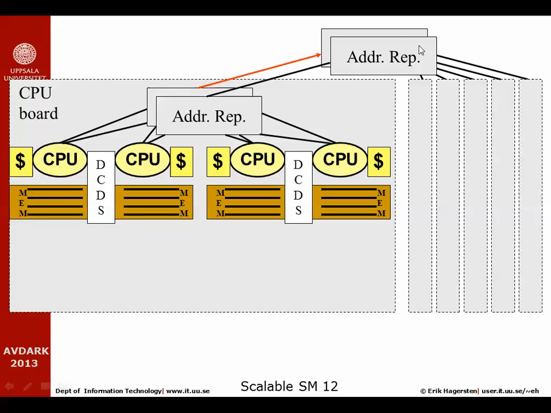Whenever the arbitration inside that address repeater decides that this is the point in time when officially this transaction happens, it sends down exactly the same transaction to all the other subsystems. There are 5 more subsystems like the one we're looking at here. At the same time, this little red wire shows that we send a signal, not the entire transaction, just a signal saying, remember that transaction you sent to me some time ago?